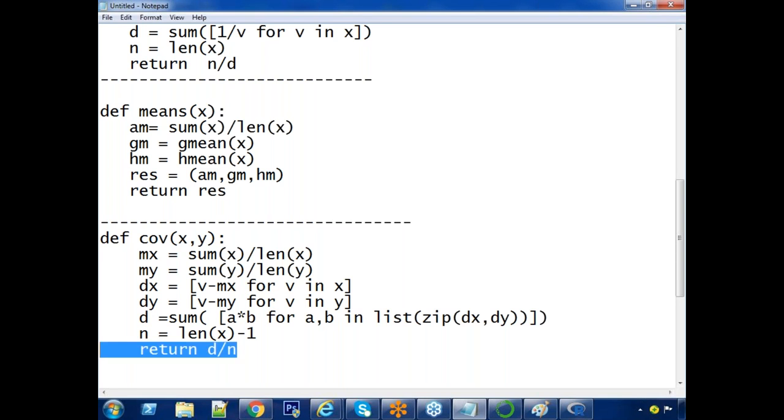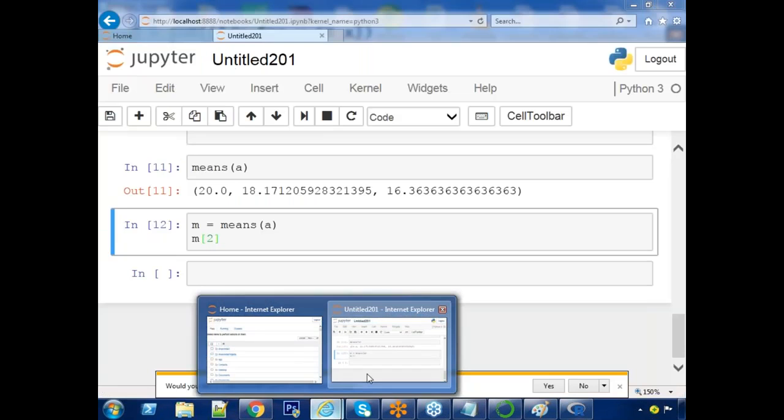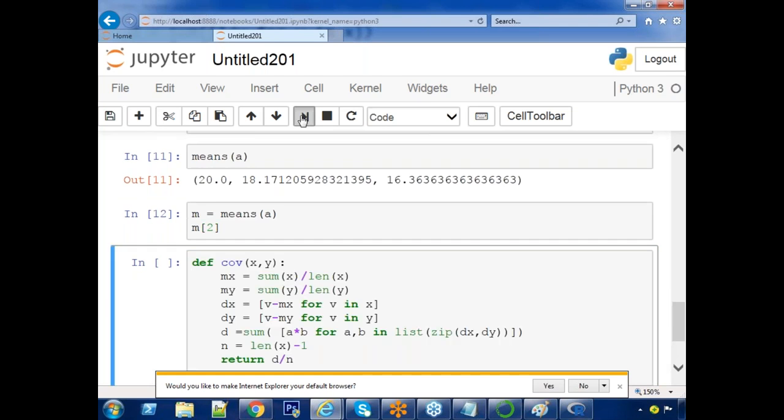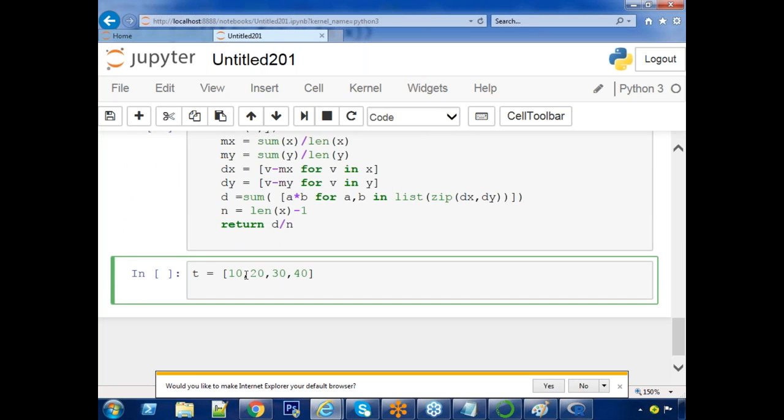Function definition ready. Let's say variable 1 is temperature, sir: 10, 20, 30, 40. These are the temperatures. Cool drink sales, sir: when temperature is 10, cool drink sales recorded 45 crores.